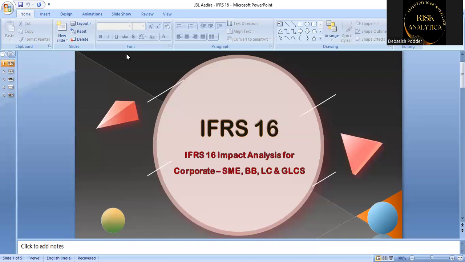And on-balance sheet, on the other hand, is the combination of your current asset, current liability, non-current asset, non-current liability, and equity. So if you're going to calculate the total assets, total liability, then those items will come. Off-balance sheet items will not be considered.